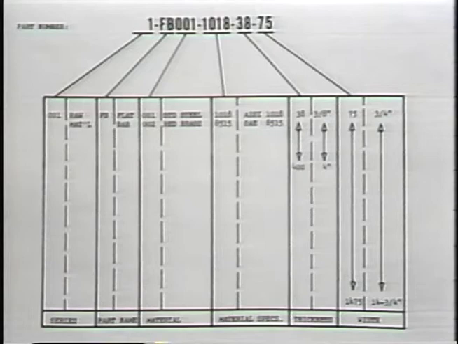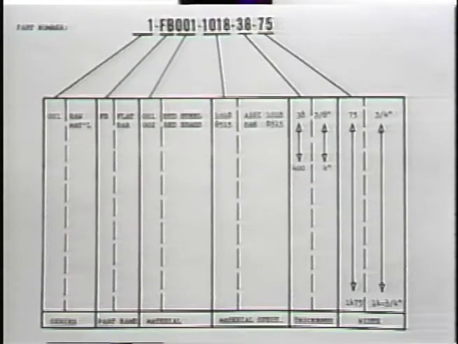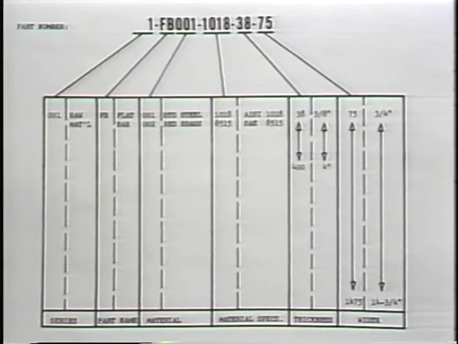Now, to get you started, if you turn to page 2, you'll see that in this particular exhibit, we're talking about flat bars, okay? And again, you notice we have raw material, and the next one is the description. FB is flat bar.